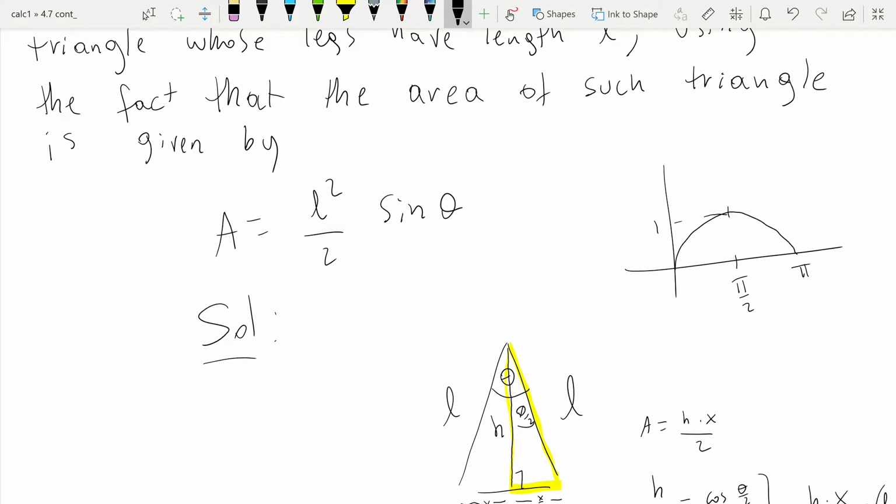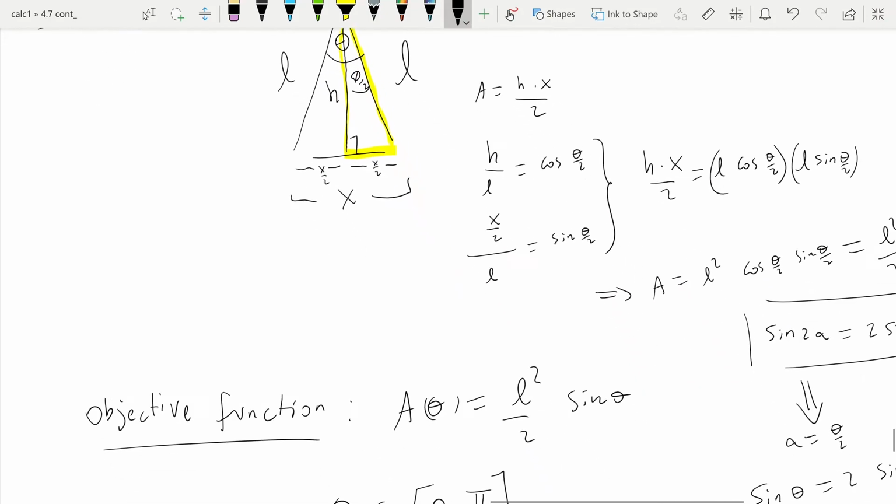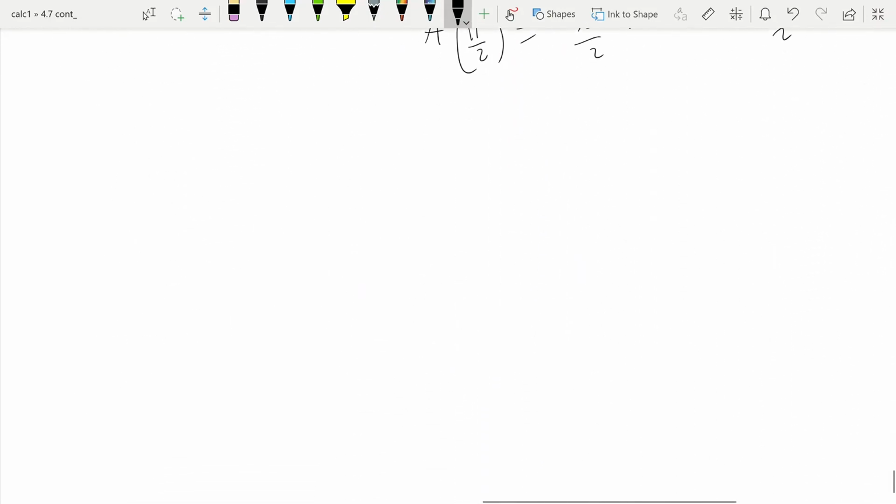If you have sine or cosine, the maximum of sine and cosine is always 1. So try to see if you have a value inside that interval where you achieve that value 1. Because then the area or that function can never be bigger than when the sine or cosine is equal to 1. Okay, so that's all I wanted to convey for this example.